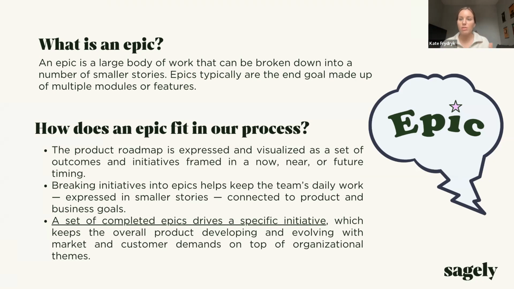Similar to the features as well. So we can have features here substituted as the ways that will reach our outcome. So a set of completed epics or features drive to a specific initiative, which keeps the overall product developing and evolving with our users' needs. So basically, it's a way that we can plan improvements to our users' workflows that will help us achieve our outcomes.